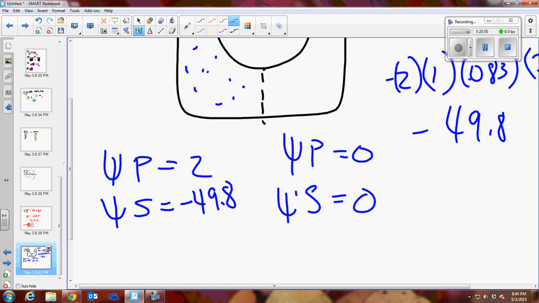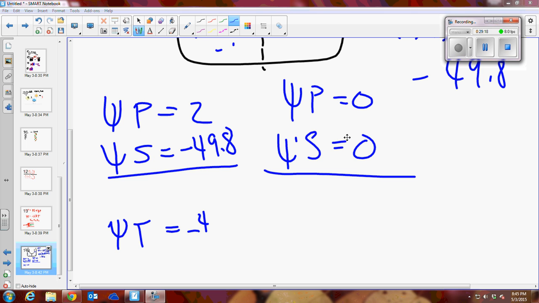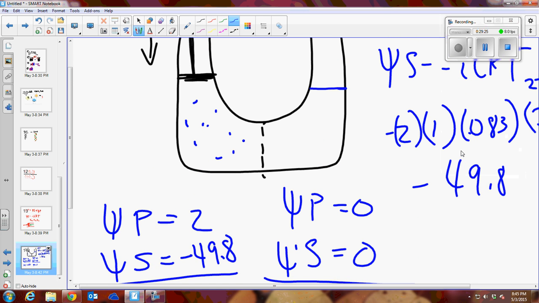And so where's this going to move? Well, water moves from a high total potential to a low, and so water's going to move from high to low. This is the total here. Just add these up. The total is going to be negative 47.8, and this one's going to be 0. And so which way is the water going to move? This way, from high to low.